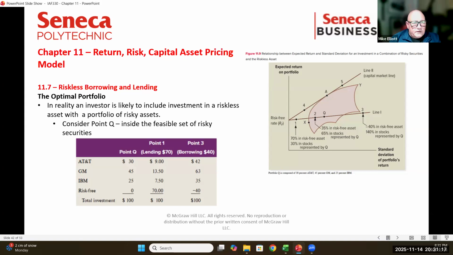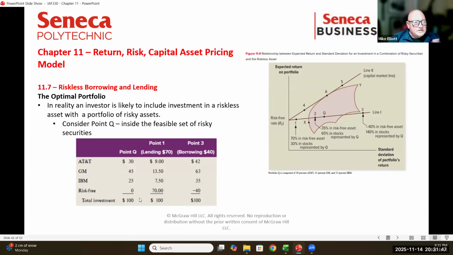Point Q says we invest exactly that proportion in the portfolio. AT&T's $30. We're investing $30, we're investing 45, we're investing 25.